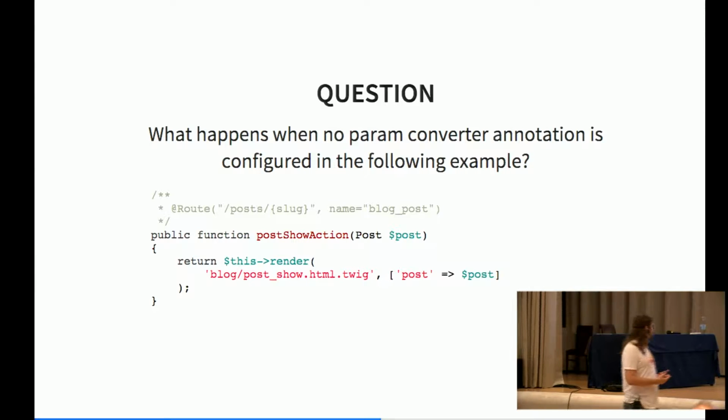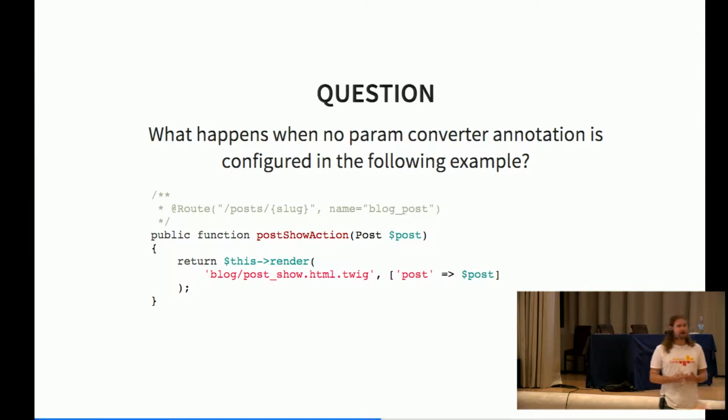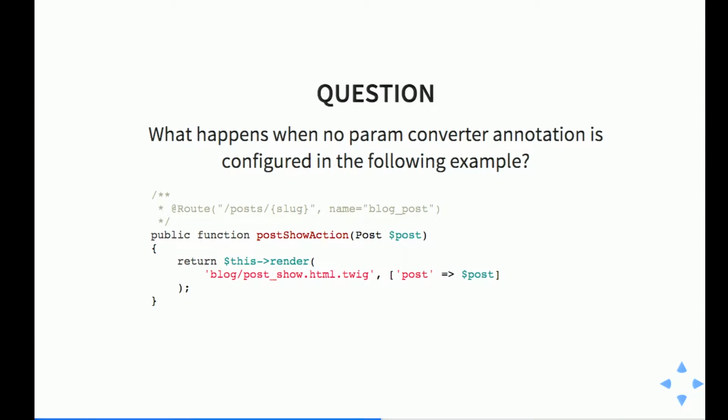It finds the entity param converter, which says, hey, I can handle that. It makes a query to the database, using the entity manager to do a simple find one by ID in this case. The object is returned and injected into the action. So that's one more point where we are coupled to Doctrine without even realizing it, because there's nothing that says Doctrine here.